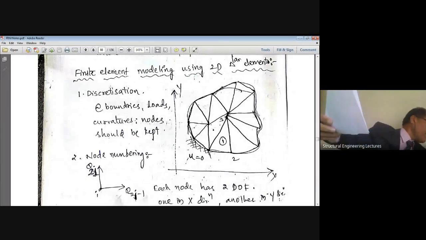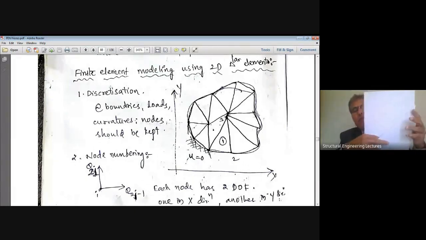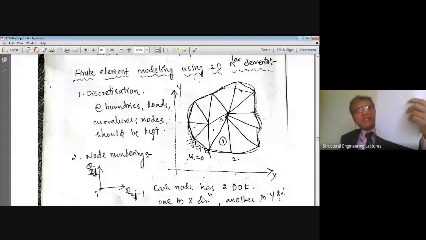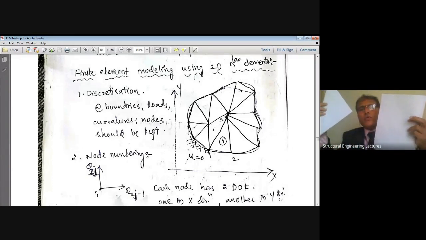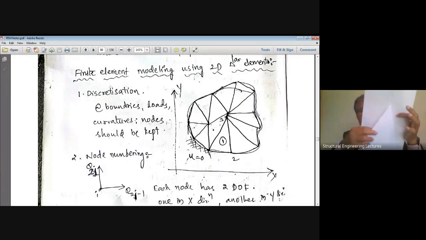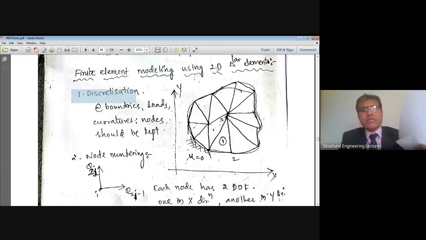Now let us say I have a body, which is shown like this, right? If I want to discretize this 2D continuum, then I need to use 2D triangles for this discretization process. Therefore, first I'll discuss discretization.